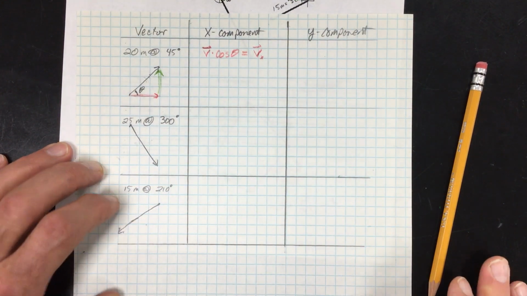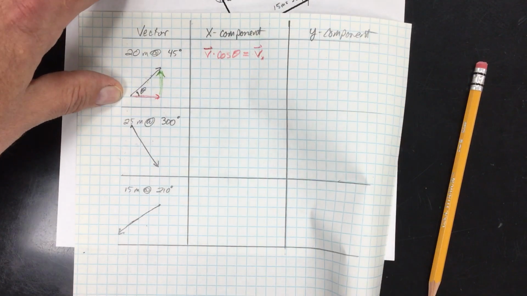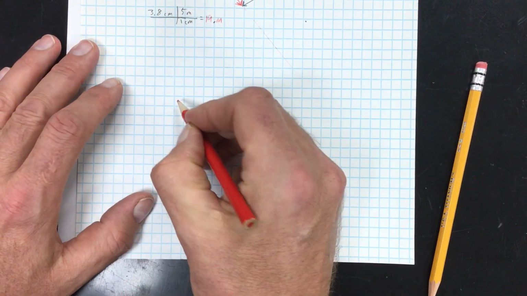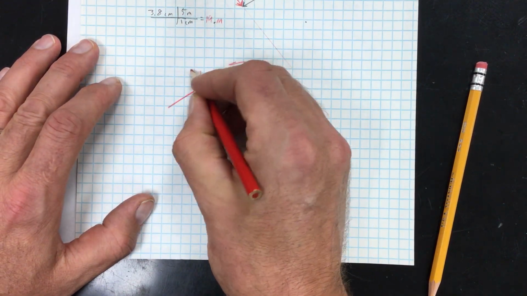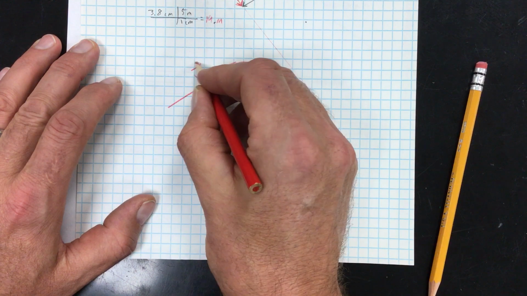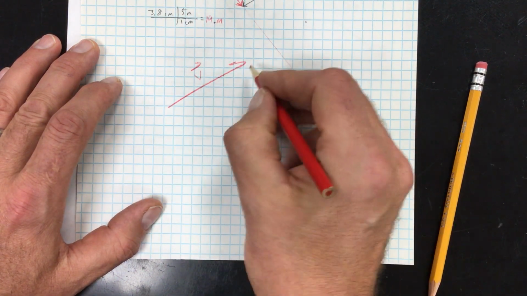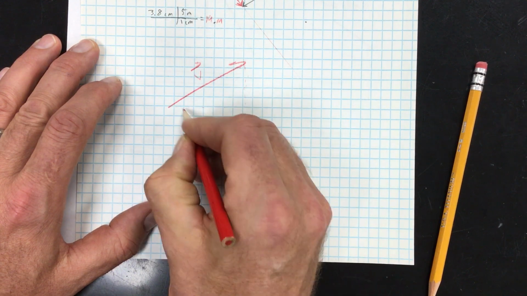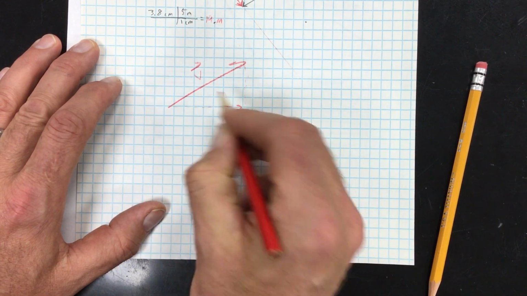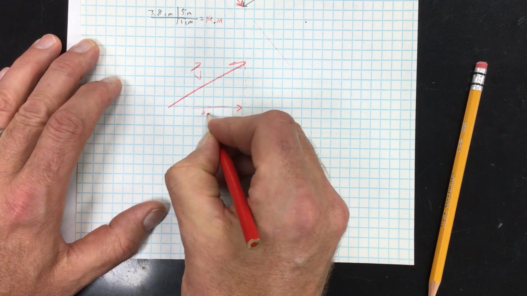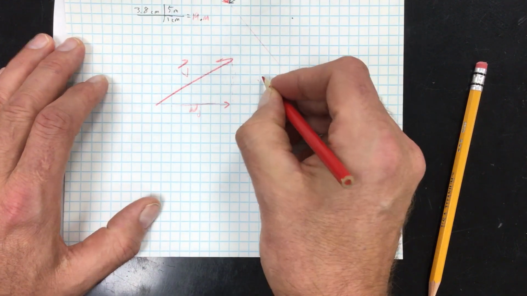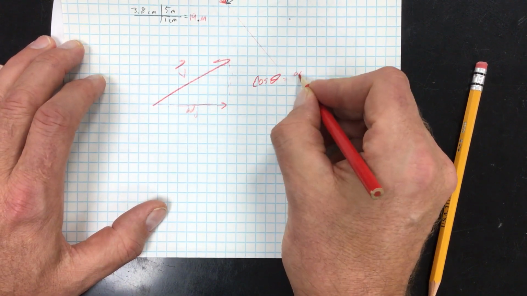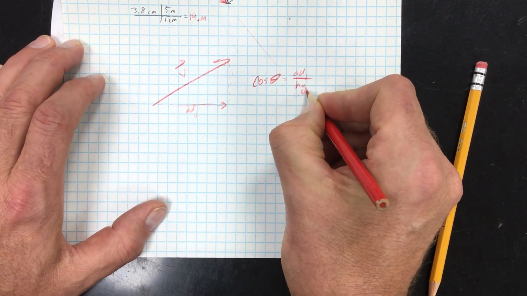All right. Now, if you want to double check me on that or you're not sure where I got that from, let's just review. Okay, here's my original vector. And I'm looking for this side of the triangle, this is the adjacent side. Cosine, so CAH TOA, cosine is equal to adjacent over hypotenuse.